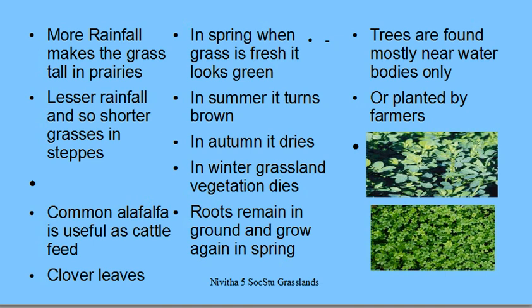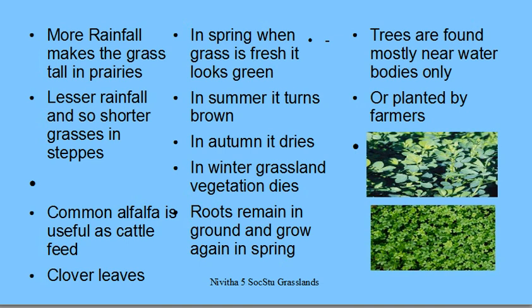The common grasses of the prairies and pampas are alfalfa. They are called alfalfa grasses. We also have another type of grass called clover grass. The clover leaves and alfalfa grass are helpful for the ox, horse, cattle, buffaloes, etc. They are helpful as cattle feed, and these are found richly in the grasslands.